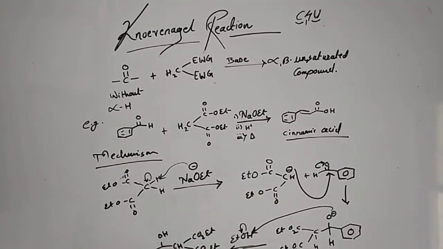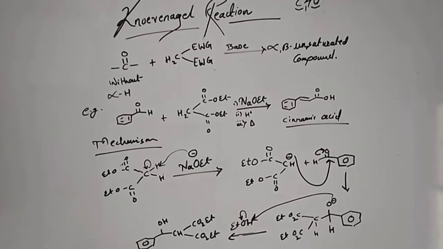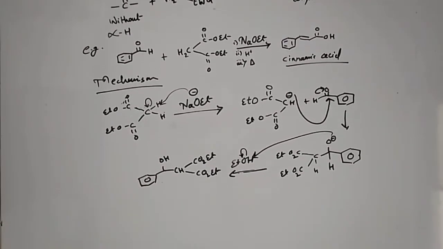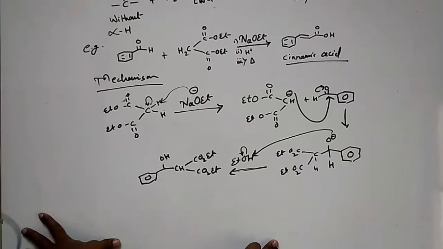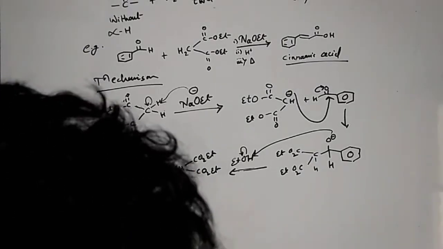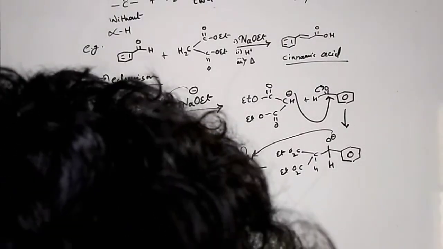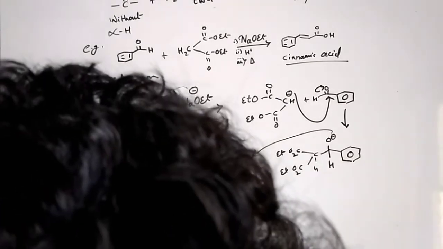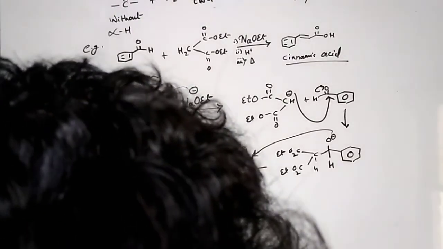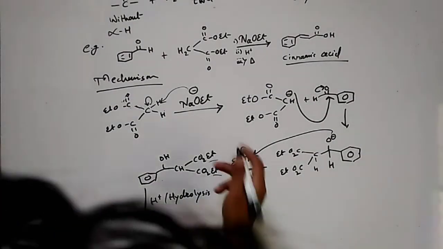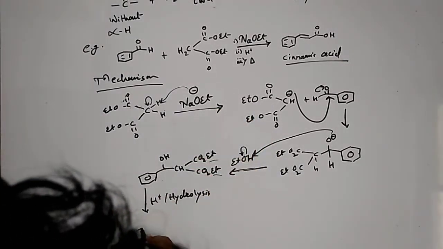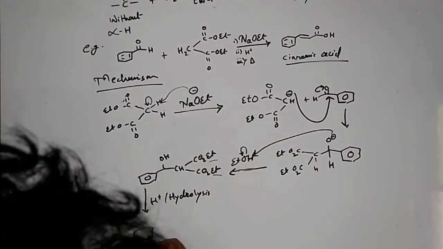Now the next step is hydrolysis. I'll make it a bit bigger. I hope it's all clear now. So in the next step, with acid hydrolysis, with H plus hydrolysis, as you have two ester groups here, those two ester groups are going to be converted into acids.